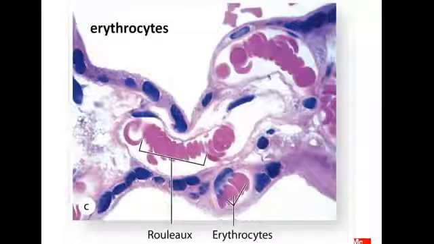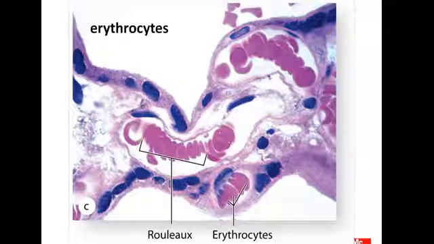This is an erythrocyte, a biconcave shape, with a light-stained center surrounded by a bolded or dark-stained margin. This difference in color, light center and dark margin, is due to their biconcave shape.